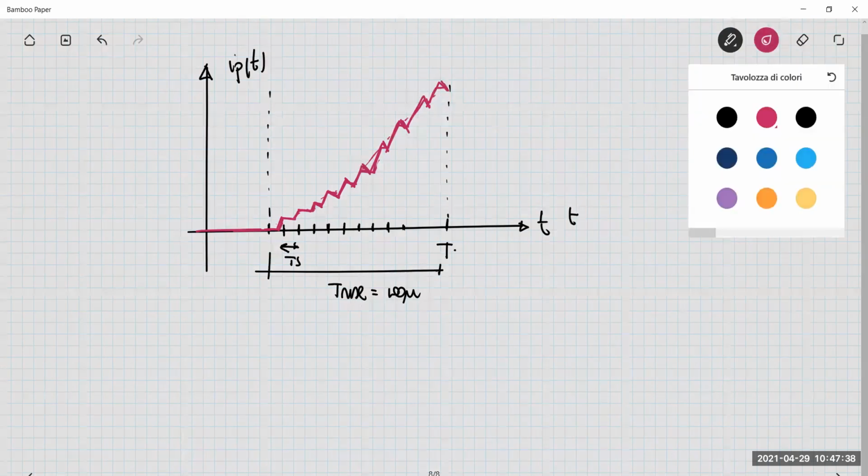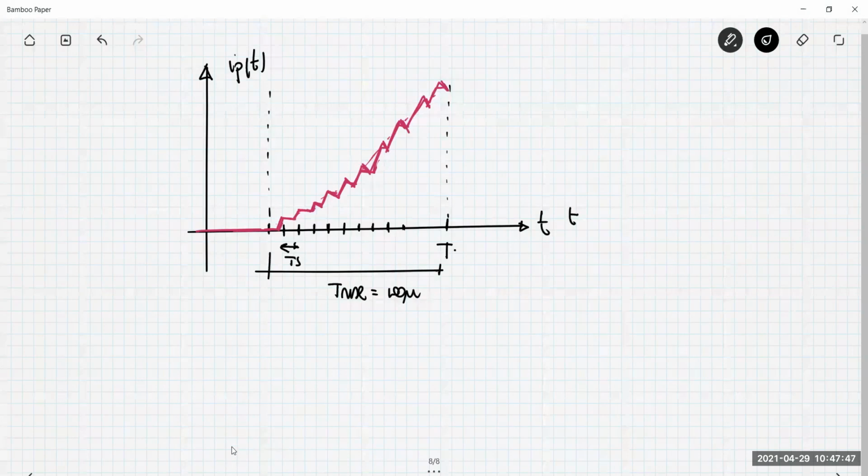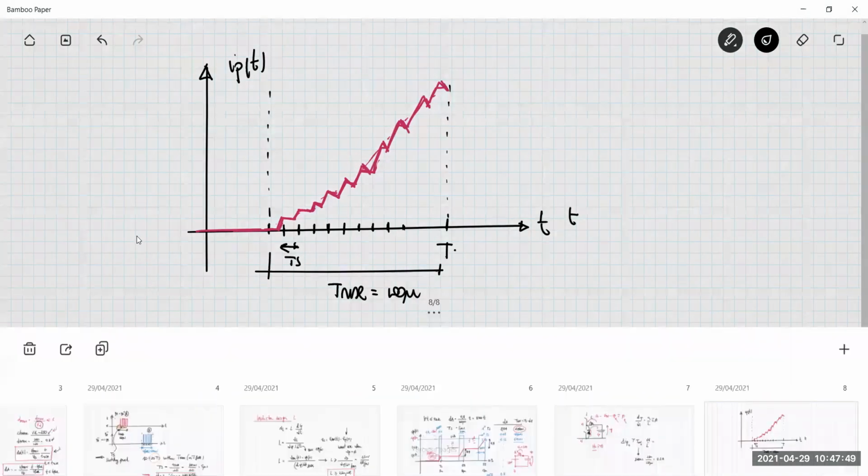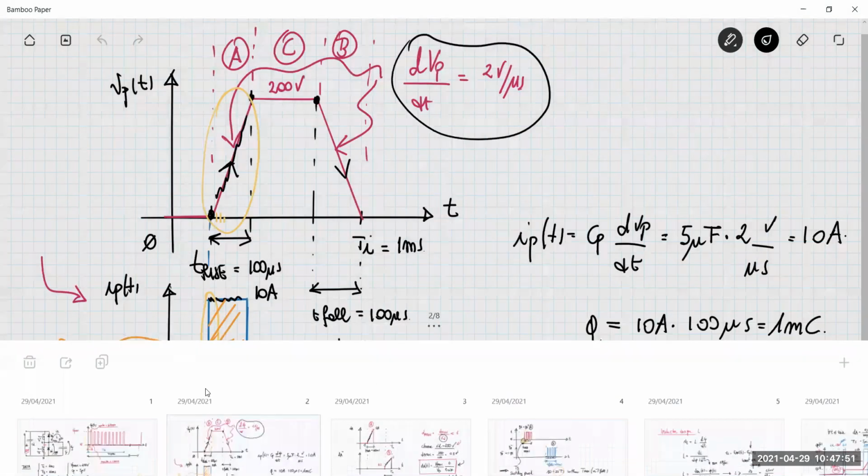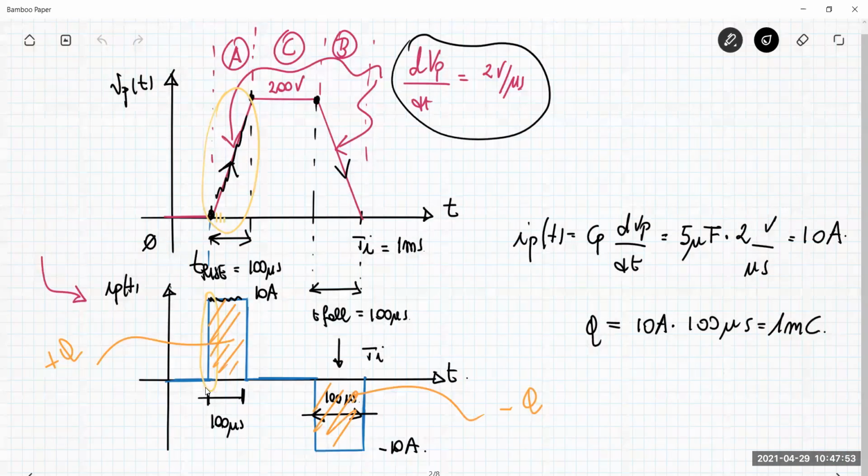Now, what is my ideal waveform for the current during the discharge? The current during the discharge is this one. Okay, 100 microseconds is the duration. The current from 0 goes instantaneously to 10 amp, remains constant, and then goes to 0.